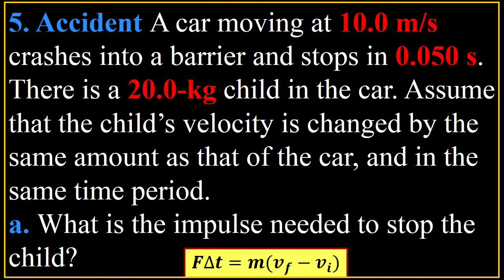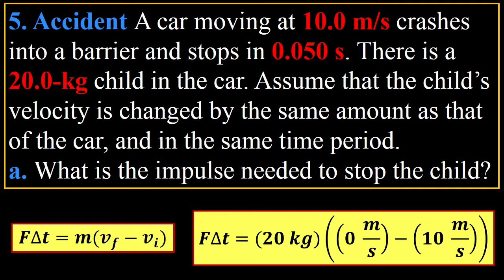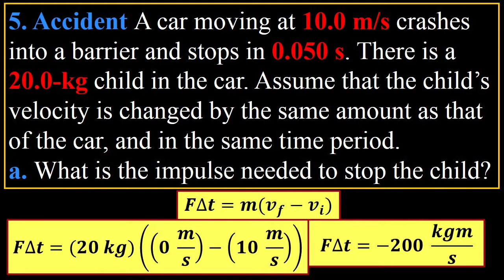Well, it's simply going to be equal to the change in momentum, which is the mass times the velocity. So it's going to be 20 kilograms times negative 10, so it'll be negative 200 newton seconds, or 200 kilogram meters per second.